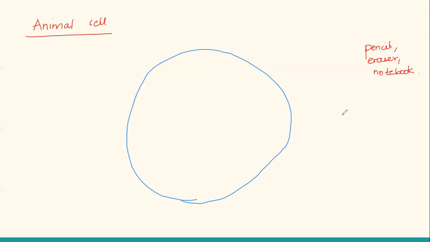Right, so first thing what you'll do is you draw an ovalish shape. Let's call it oval. Right, first draw that. Then we'll start drawing the organelles inside. Okay.